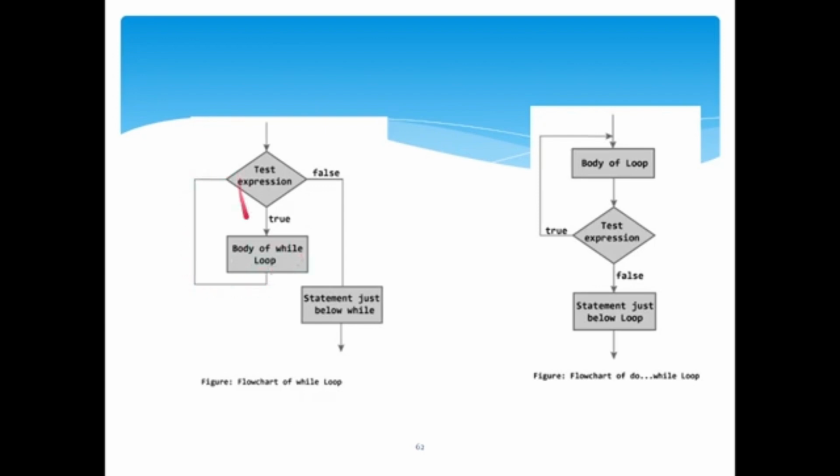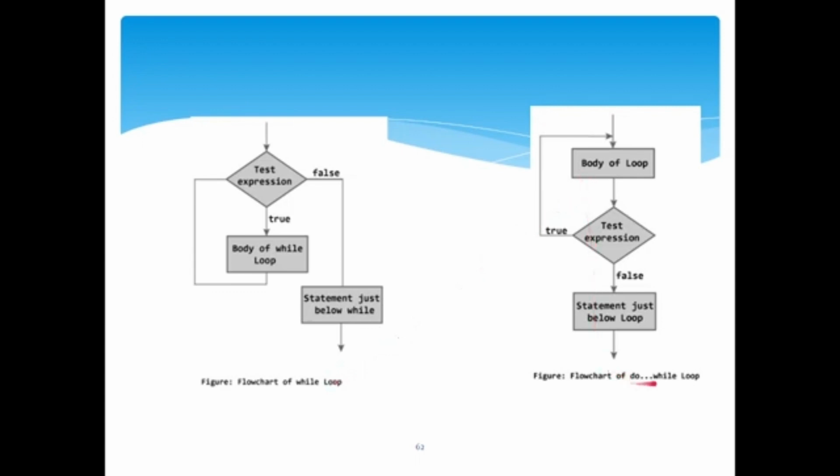And what does this line indicate? It is iterative, repeating the process for an increment. And for false, whatever you have written below the while will be executed.